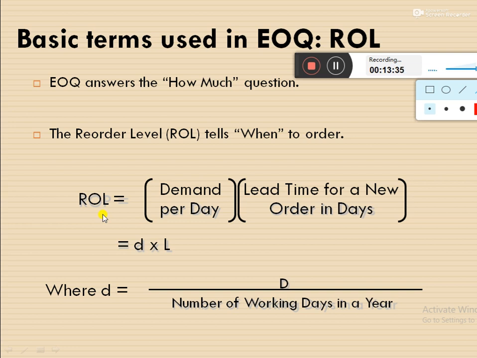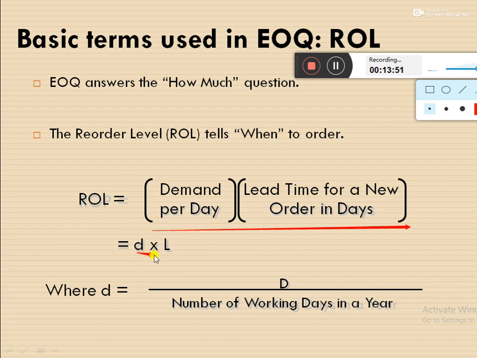The reorder level can be calculated by using this expression, that is demand per day multiplied by the lead time for a new order in days.